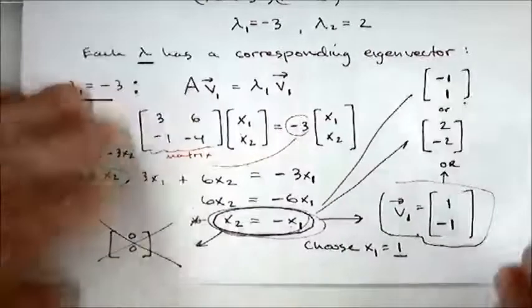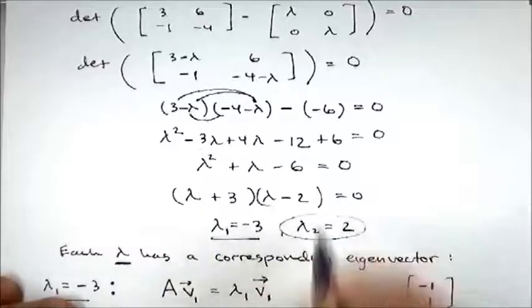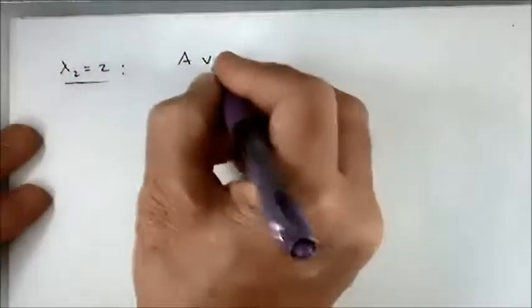Now, there was another eigenvalue. So we've got the eigenvalue and the eigenvector for the first one. Let's do the one for lambda equals 2. So again, it's matrix times eigenvector.